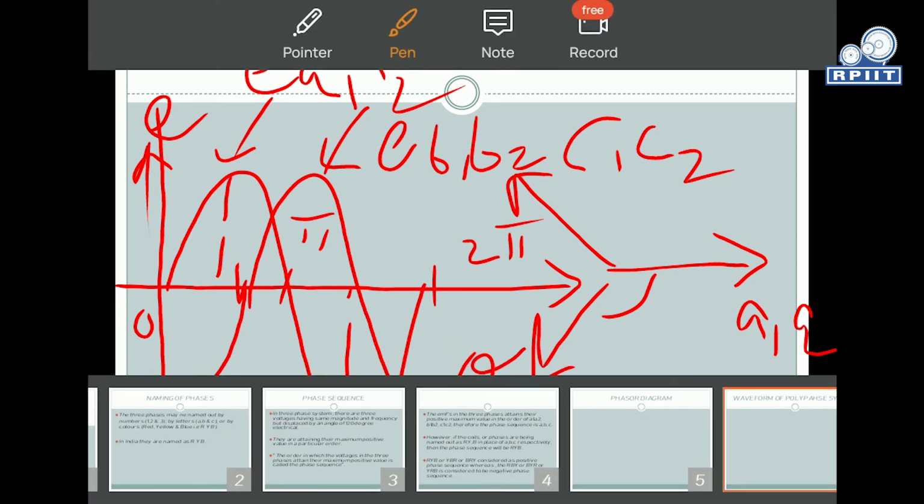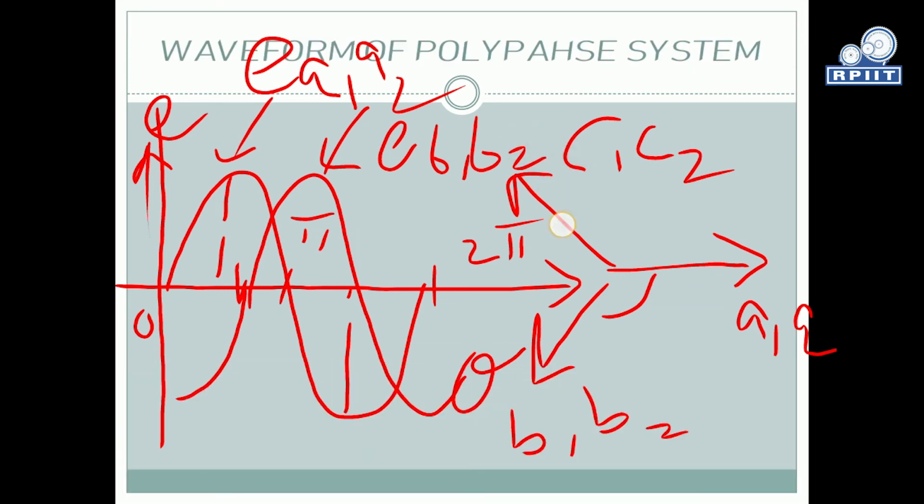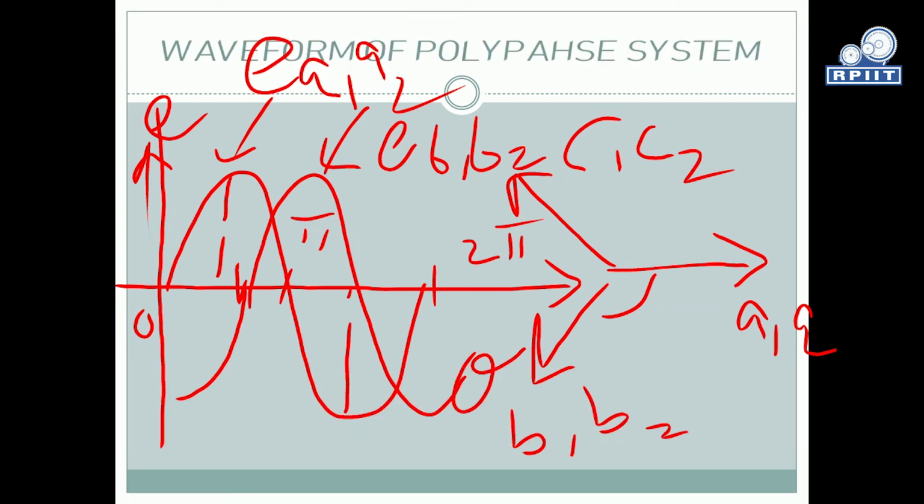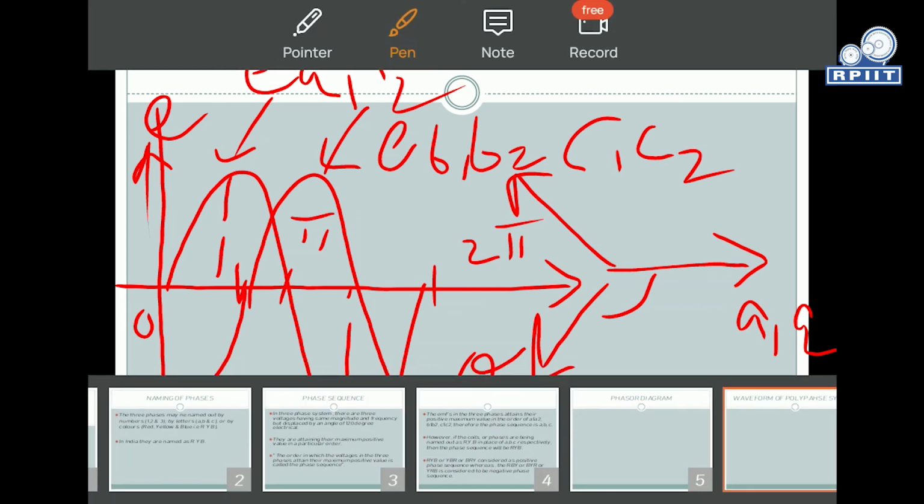From here we can see phase C is 120 degrees electrical behind phase B and 240 electrical degrees behind phase A. So here we will plot the coil C1, C2, which is 240 degrees electrical behind phase A. So 240, here this is 180 and this is 270.